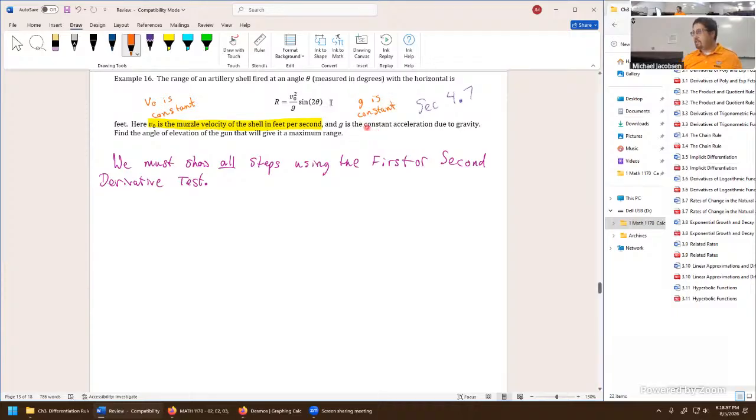So if G is constant, V naught's constant, it means the entire coefficient here for sine, V naught squared over G, is also constant. Now, the thing that varies is going to be the angle theta. So the gun can either move up or down. It'll affect the range because the muzzle velocity of the shell is always going to be the same. We want to find the angle of elevation that will give the gun its maximum range.